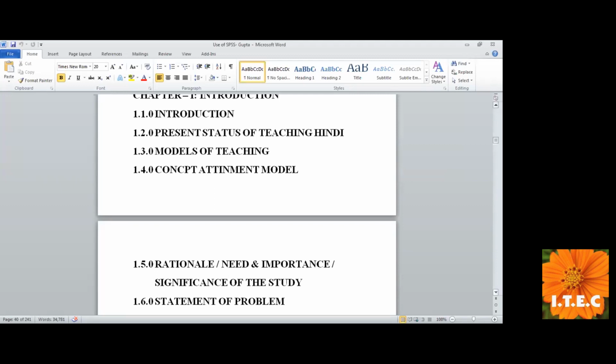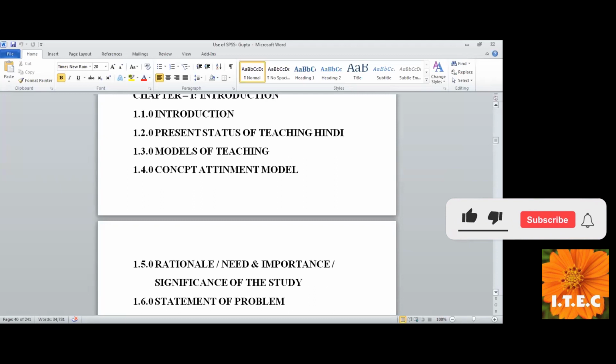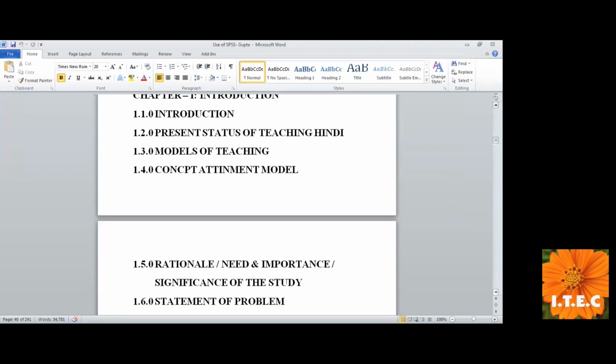Another thing I observed was that in many of the theses, they had written rationale as well as the significance. It indicates that the researchers do not understand the difference between rationale and the significance of the problem.